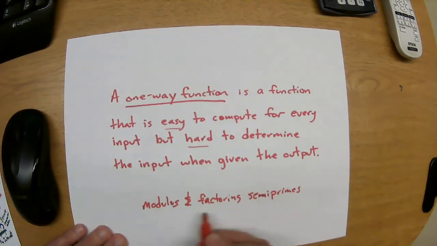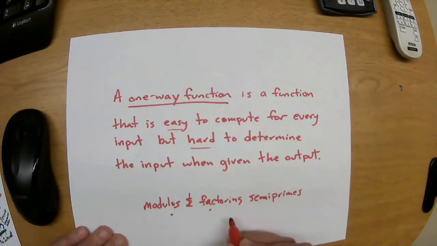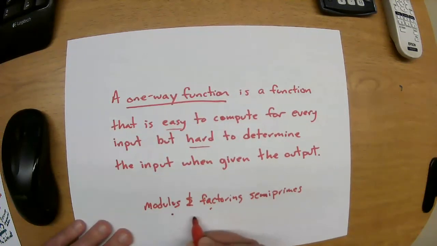And it turns out that these two procedures are the basis for encryption and all secure communication that we conduct on the internet today. So, in some other videos, we'll look a little bit more specifically at how they're used.